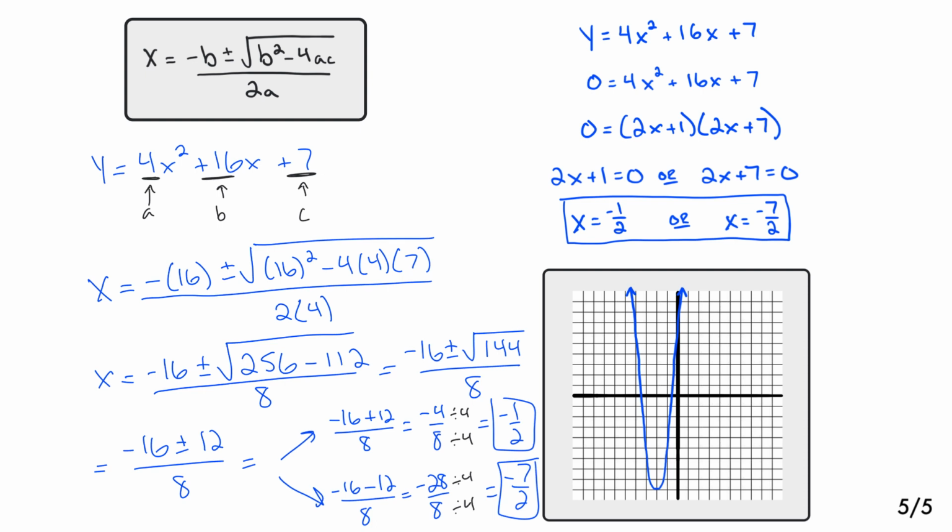Before I leave you off, I want to remind you of a couple things that are going to help you. First, if the discriminant is negative, meaning this is going to produce a negative number, you get to this step and it's a negative underneath the square root, you stop and just say no real solutions. Additionally, if you get to this step right here, where you're going to be square rooting this number, if this number is not square rootable, you're done.